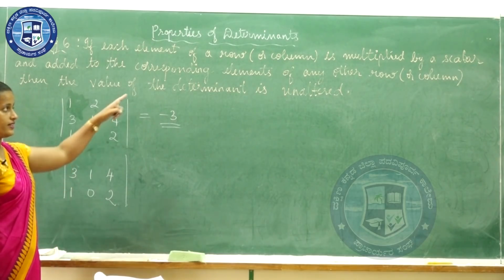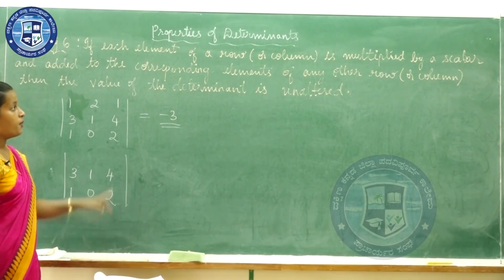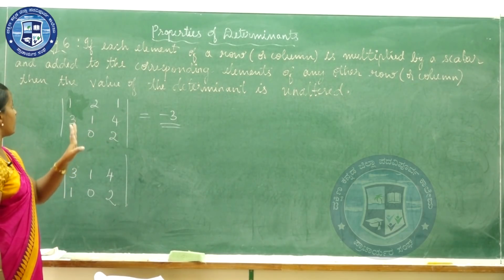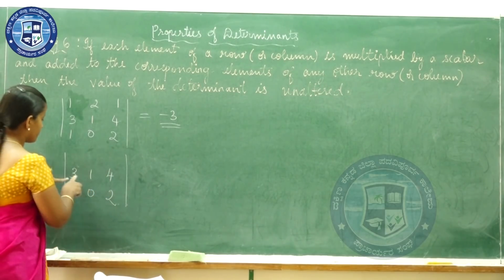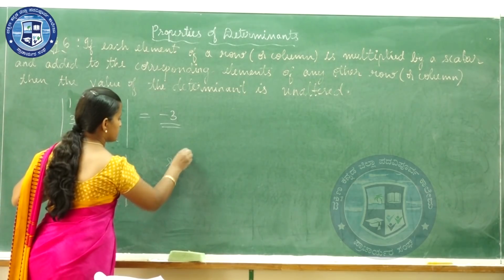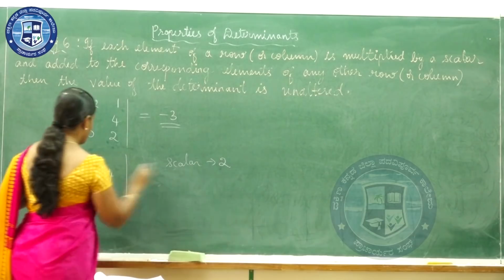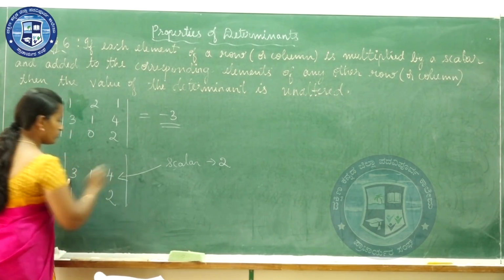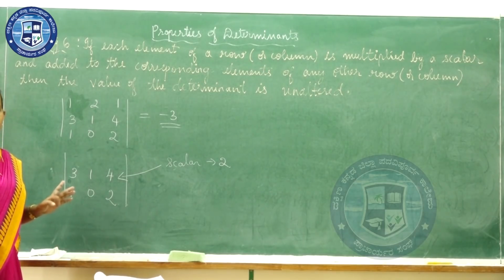Let me carry out the operation as told by property 6. Multiply a scalar to each element of any row. So, I will multiply 2. So, scalar I am considering 2. Multiply the scalar 2 to this second row and add it to the elements of the first row.